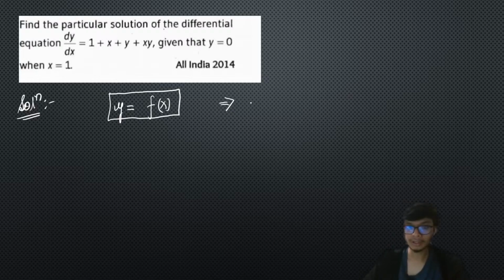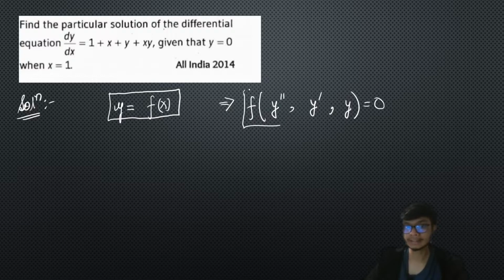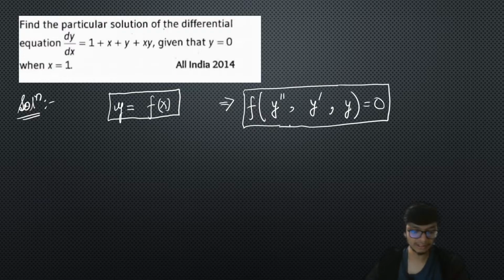So you will see equations which contain some derivatives. Like I'm putting the second derivative as y double dash, the first derivative as y dash, and something as y. And when this particular equation is equal to some quantity, then we call this kind of equation a differential equation. It is clear to all of you, right?